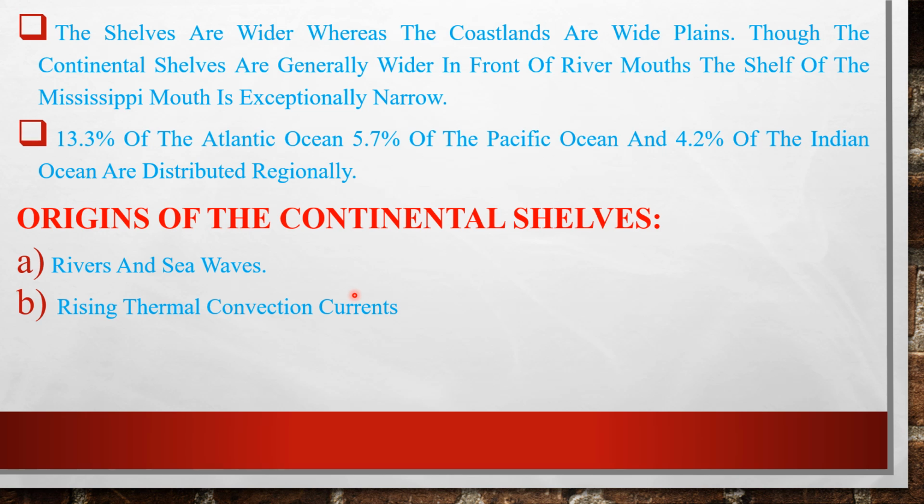Rivers, glaciers, and ice sheets carried sediments like rocks, soil, and gravels to the edge of the continent and into the ocean. Then they formed the continental shelf. Second, rising thermal convection currents. This convection current also helps to move the plate tectonics or plate movement. Then it also helps the continental shelf origin.